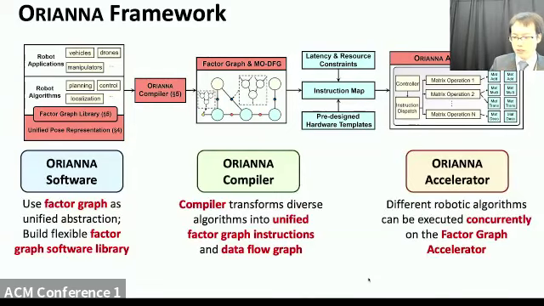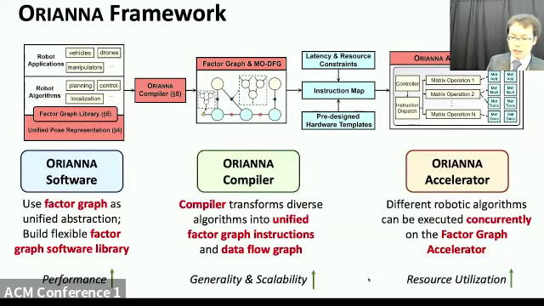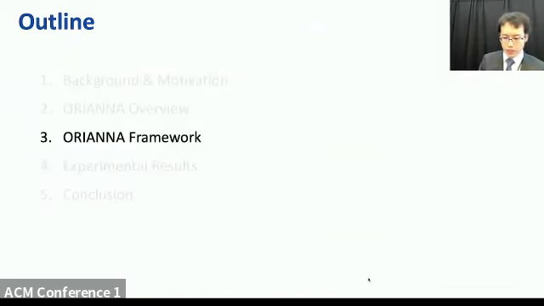And then we also have an accelerator stack, where we built an accelerator so the different algorithms can run together on this accelerator. Through that, we can improve the performance, scalability, and hardware resource utilization of the application. Let's take a look at each stack.